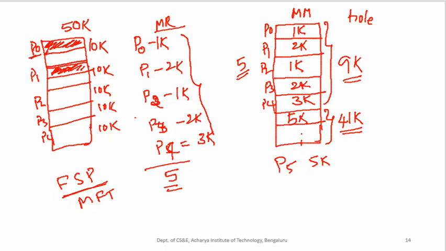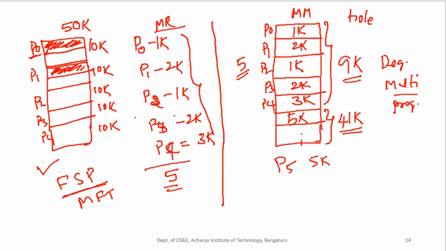So the degree of multiprogramming here increases, or you can keep more number of processes in the main memory compared to this fixed size partitioning method. So definitely this variable size partitioning is a better approach compared to this fixed size partitioning, okay.